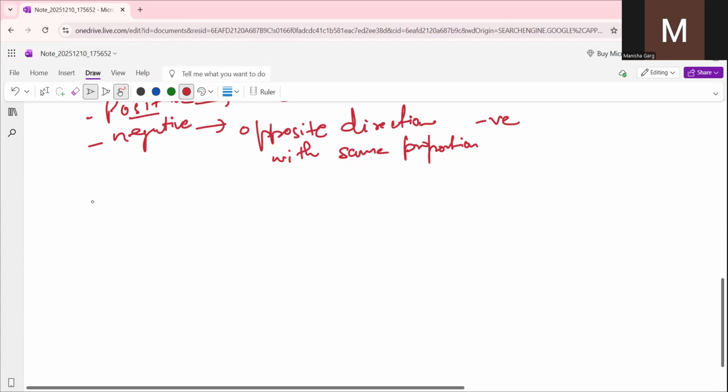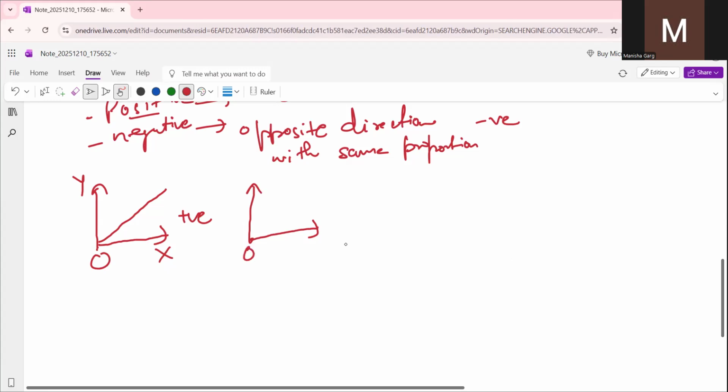The graph of perfect positive correlation is a straight line. This is a sign of positive correlation. And perfect negative correlation is of x, y.